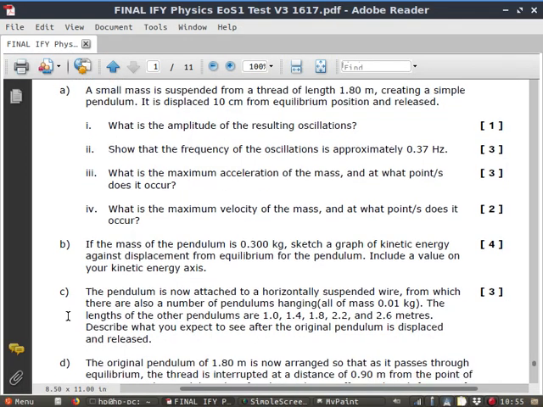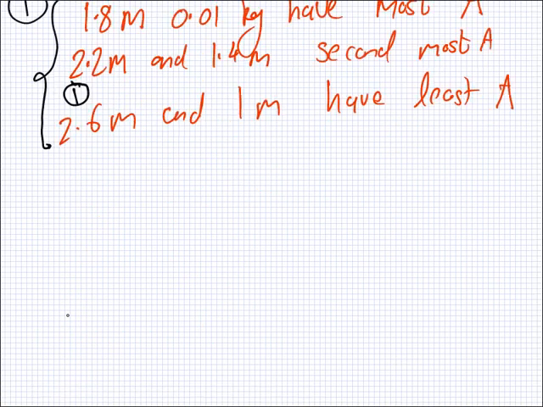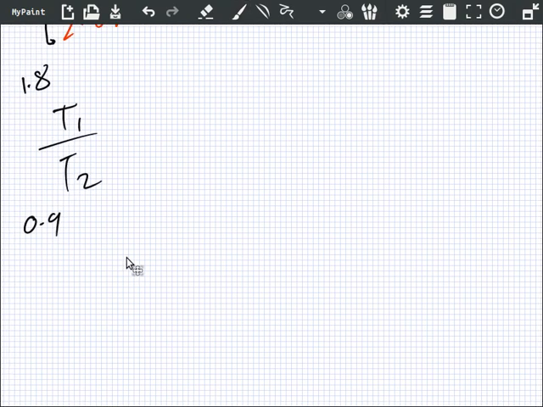Right, D, finally. The original pendulum is now interrupted, if you will. What would be the ratio of the time period? Oh, okay, fine. Baby stuff. So they want to know the ratio of time 1 to time 2, where time 1 is a 1.8 and time 2 is a 0.9 length pendulum.